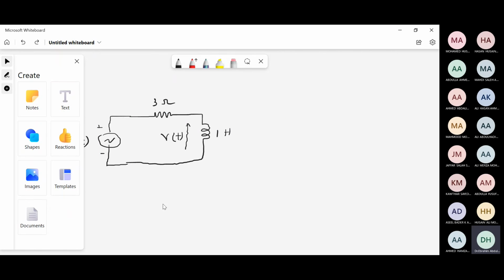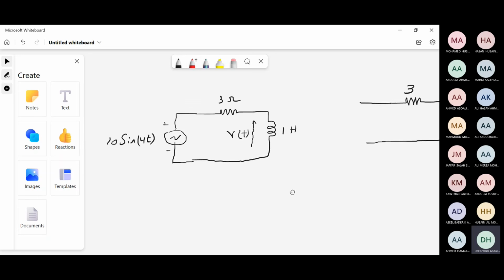Okay, we change this circuit to a phasor circuit. So we have the phasor circuit first, and then we'll get something like this. This is my input here. So here will be 3, while this one is equal to jXL.